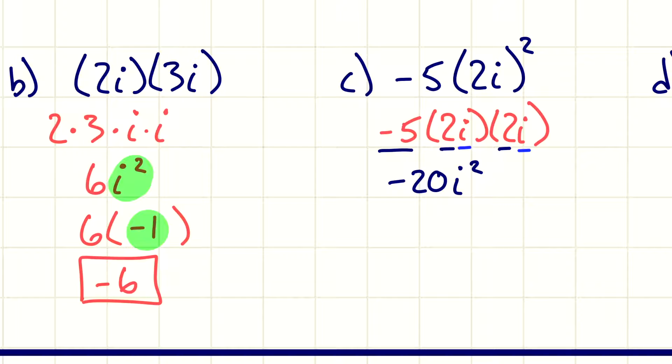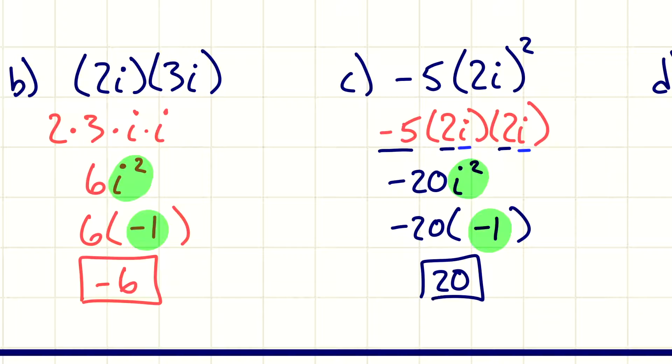So we don't want i squared, so I'm going to replace this i squared with -1, because those are the same thing. And then one more step to simplify, -20 times -1. This is not -1, this is times a -1. So negative times a negative is +20.